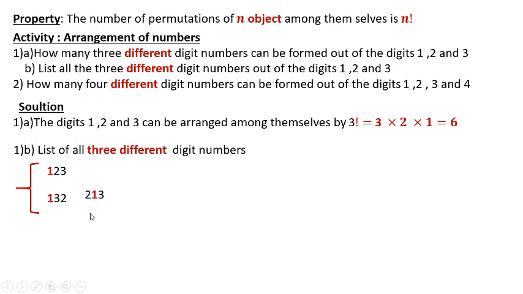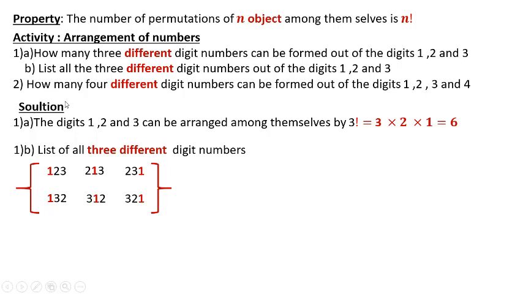Assuming 1 is the tens digit, then the numbers are 213, 312. Now assuming 1 is the units digit, again the numbers are 231 and 321, and in this case the number of options equals 6.